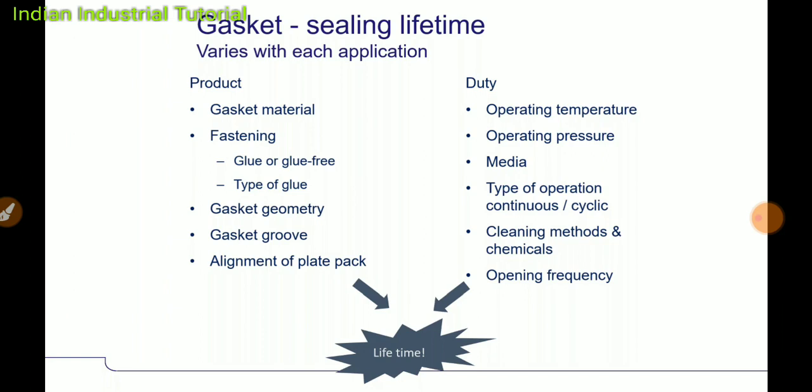Type of application, whether continuous or cyclic: in a small pharma plant you will find the heat exchanger running for 1 day or 2 days or 8 hours, but in a large process industry the heat exchangers are working for 6 months, 8 months. This kind of cyclic or continuous application will have an effect on lifetime. Cleaning method and chemical, we have already discussed. Opening frequency is also important.